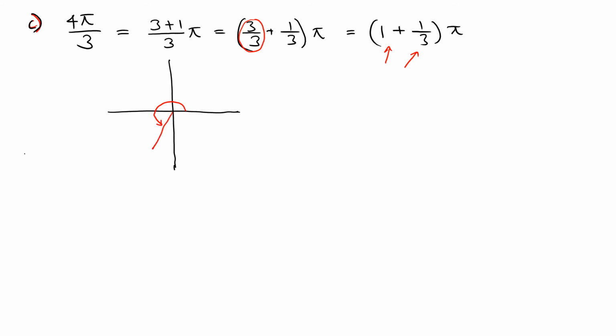So that's the idea. So that's the angle. 1 means straight angle. So this is the 1 we are talking about, and this is the 1/3 we are talking about. So 1/3 of a straight angle. So this is the angle. So it is 4 pi over 3.